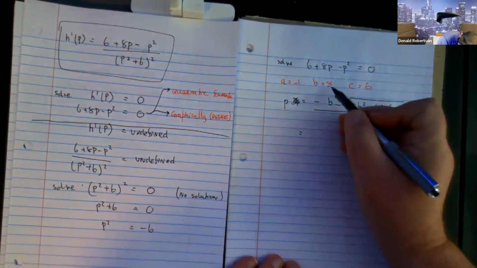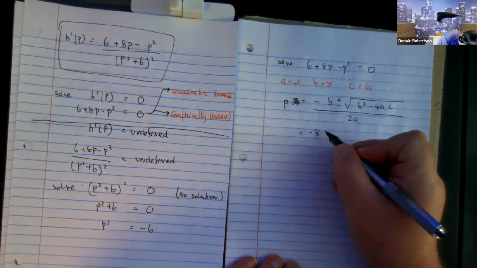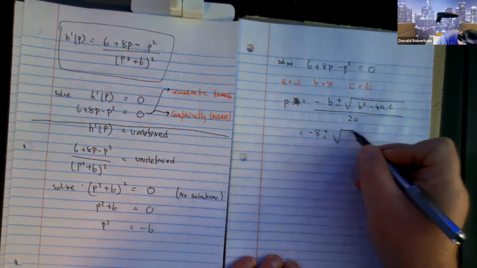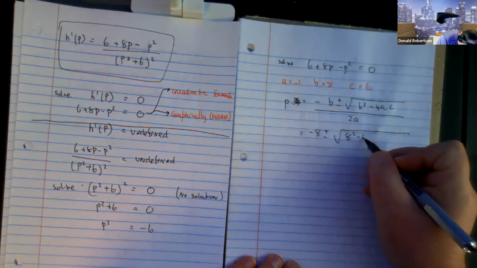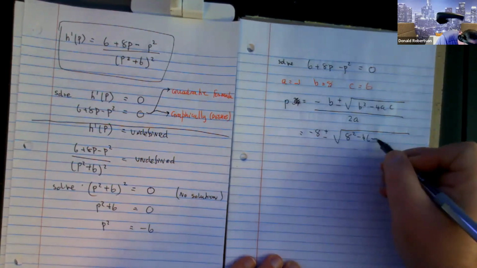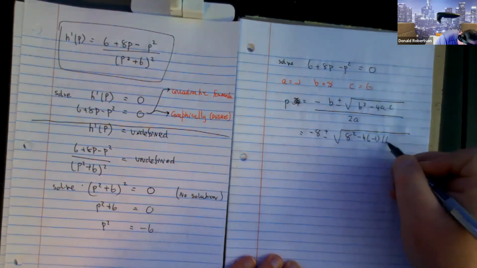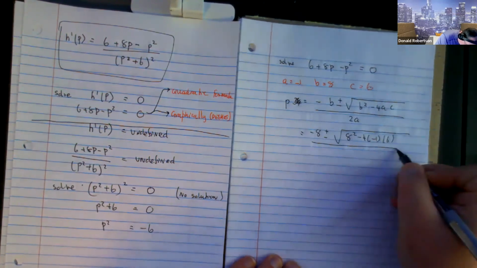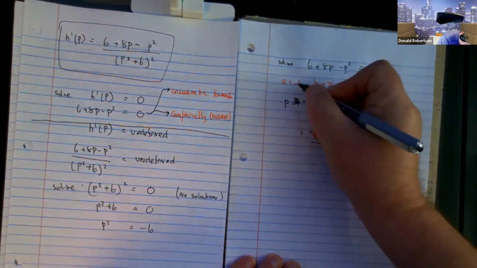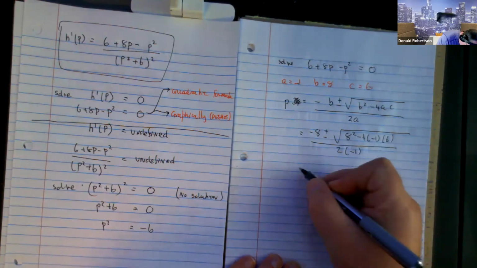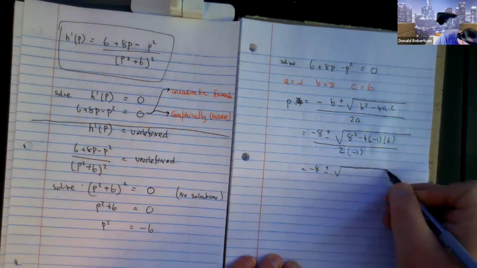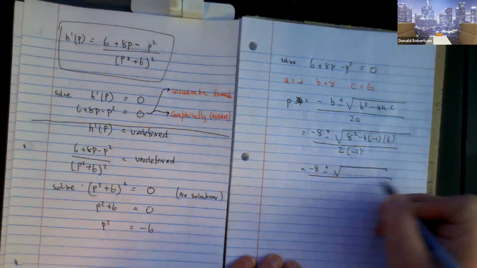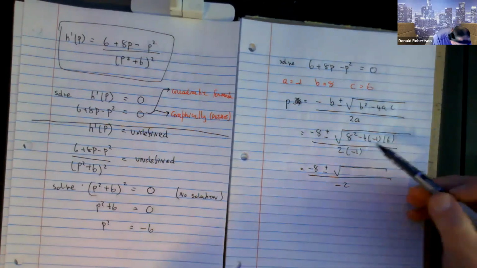So it's going to be the negative of this guy, so that's -8, plus or minus the square root of that guy squared, take away 4 times that guy times that guy, all over 2 times that guy. So it's -8 plus or minus the square root of somebody all over -2.